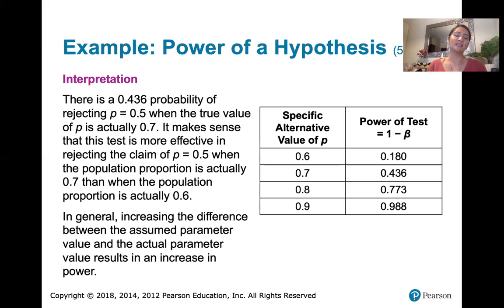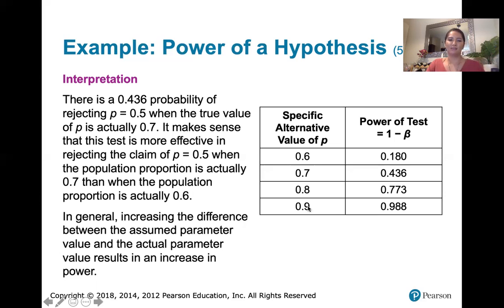So in general, increasing the difference between the assumed parameter value in the null hypothesis, that's this p-value here, and the actual parameter value, and that's in this column here, sorry, that's going to result in an increase in power.